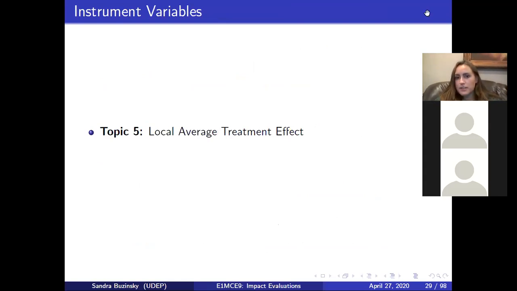Is that clear, monotonicity or not? Just think about an example in your head. Let's say distance to tower: if Zi equals 1, you're close enough to the tower to watch Sesame Street. If Zi equals 0, you're too far away.